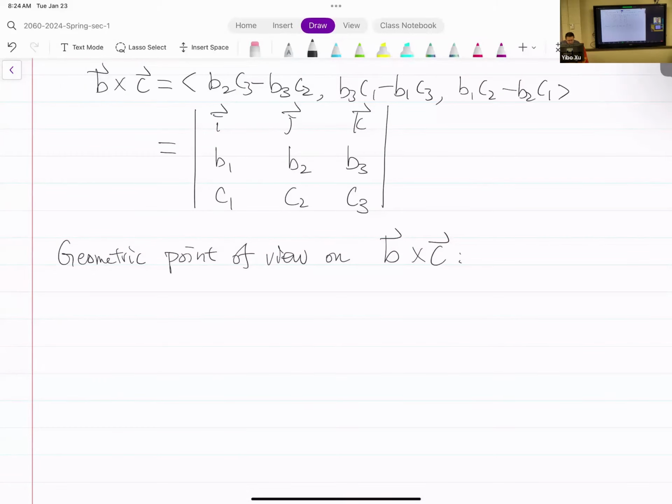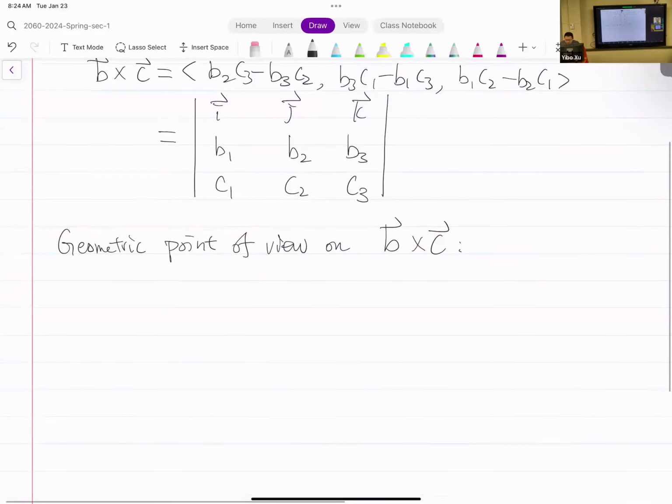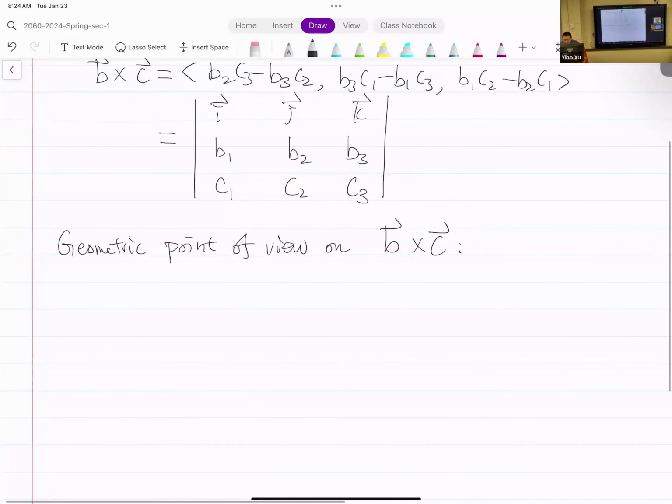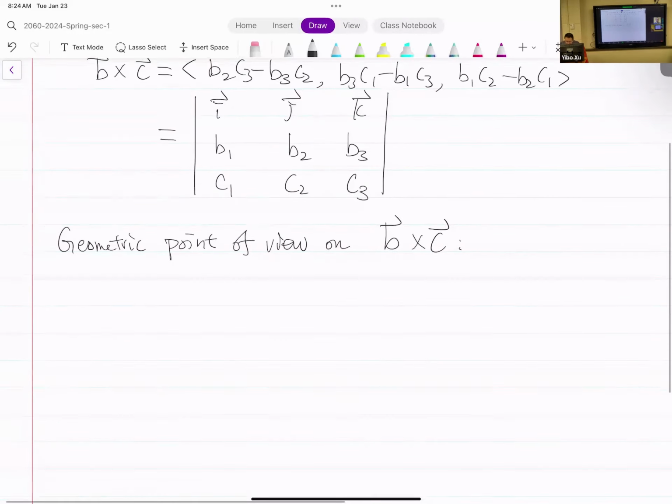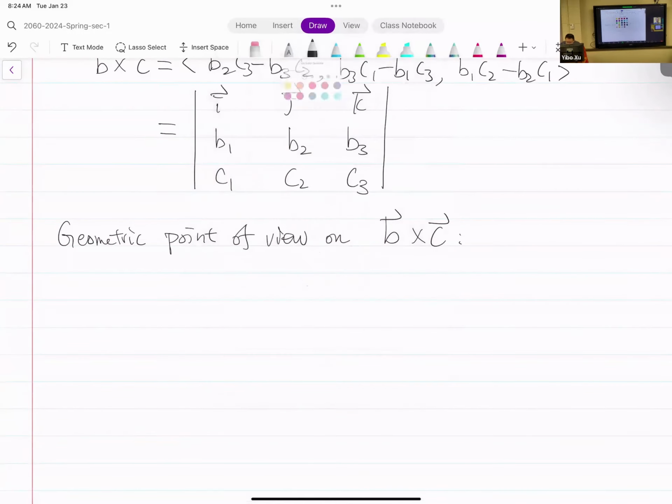So consider three vectors in three-dimensional space. We have B and C, right? So where's A? If we have three vectors A, B, and C, essentially you'll be able to construct something interesting. Three vectors can form a parallelepiped in this space.